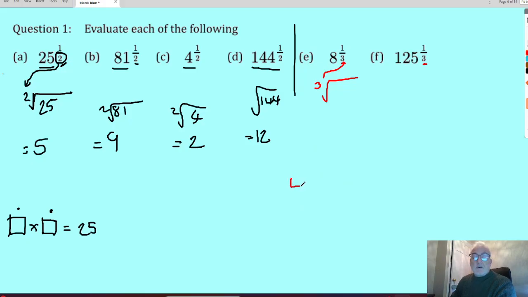So that means something times something times something is going to equal 8. And these three numbers again have to be the same. So 2 times 2 is 4, times 2 is 8. So the cube root of 8 is going to equal 2. Have a go at F. See if you can find the cube root of 125.